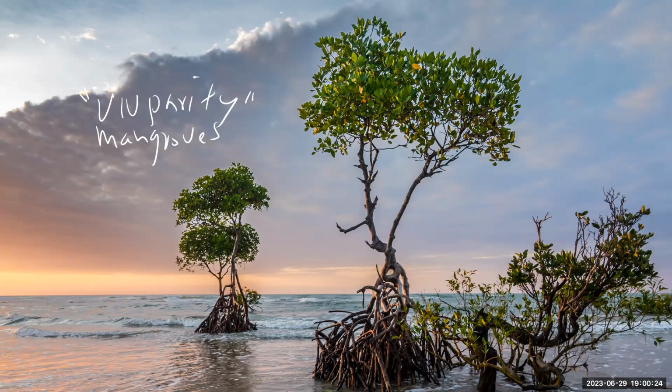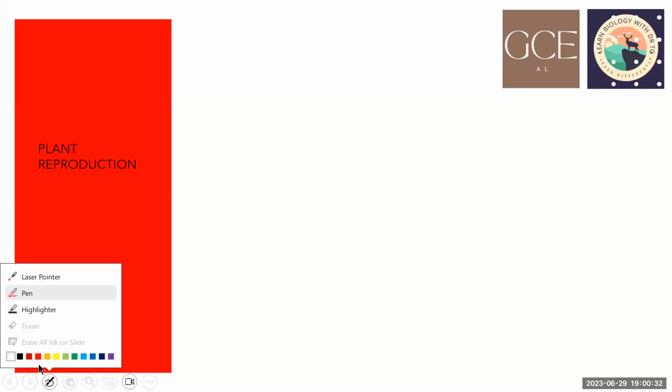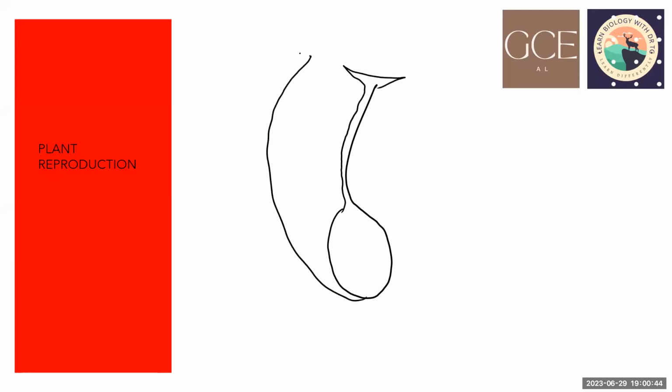And why does this apply to the plant now? Because we know plant reproduction. This is the male and female parts of the flower. This is the stigma, and this is the anther.